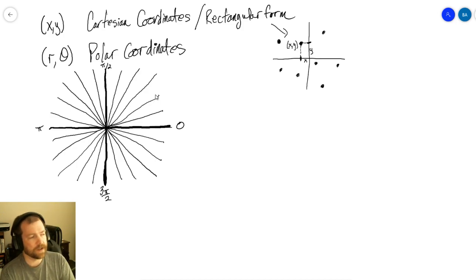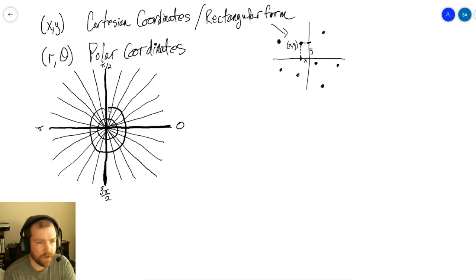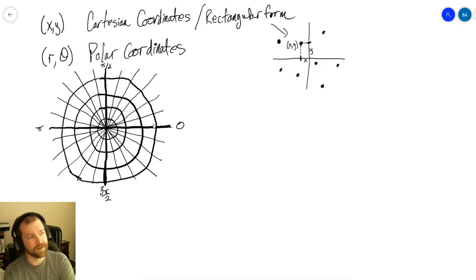And then you'd also see lines of latitude, which would be concentric rings going around the pole, equidistant from each other. Again, you have to use your imagination here. I'm not super great at drawing nice shapes.